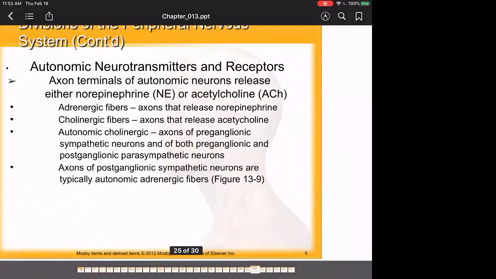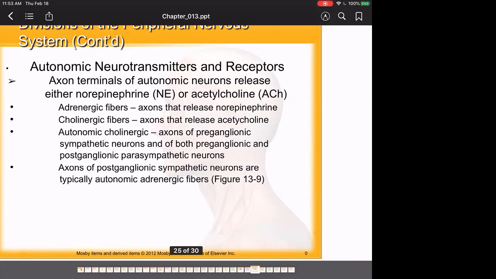Another thing that I would, maybe not so much in this class, but good stuff to know about. Axon terminals of autonomic neurons, remember these are things that do things automatically, use either norepinephrine or acetylcholine.